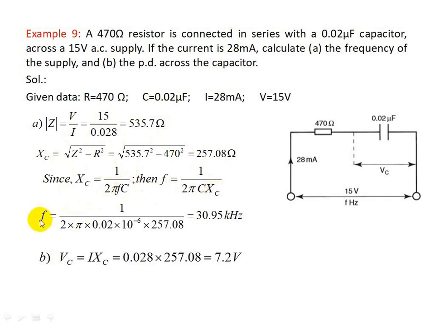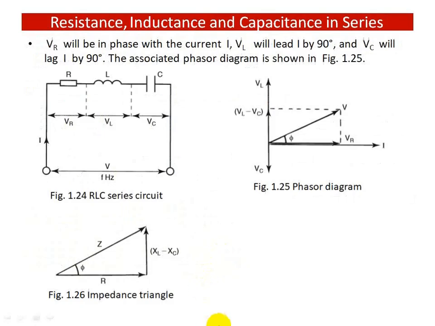So find the frequency, it comes to be around 30.95 kilohertz. Then the second part, find VC, the product of I into capacitive reactance, which comes to be around 7.2 volts.